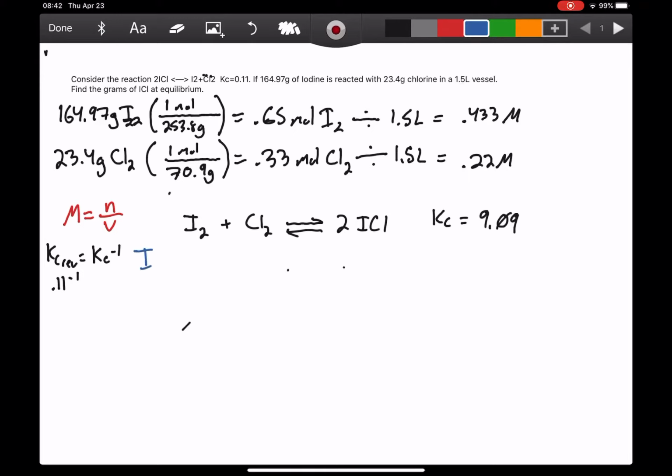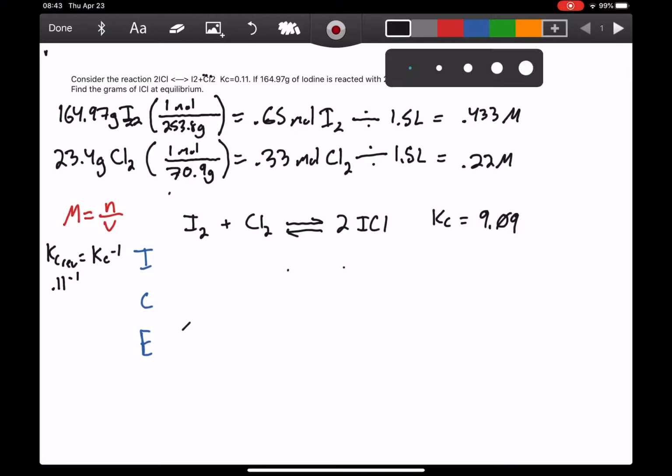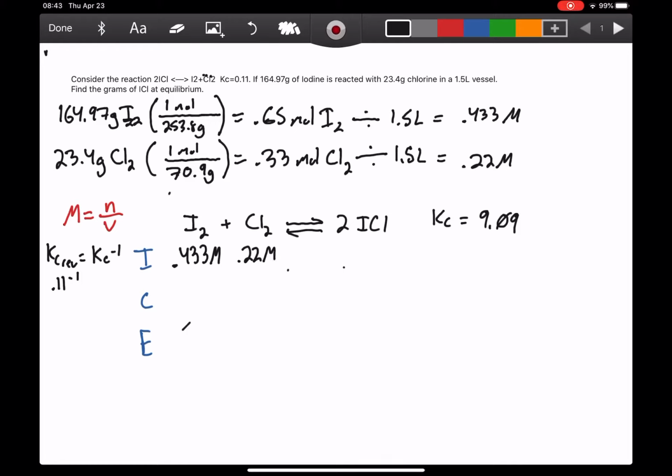Now I'm going to write my ice over here for initial, change, and equilibrium, and we were given our initial concentrations, which we solved for. So we started with 0.433 molar of I2, 0.22 molar of Cl2, and we started with 0 ICl. Now the change, we can see that it's going to be a 2-to-1 ratio between reactants and products.